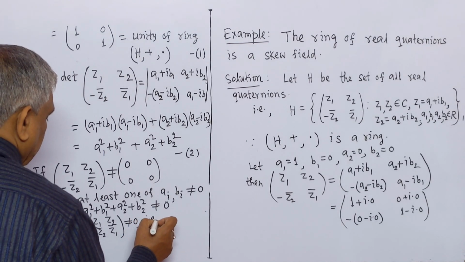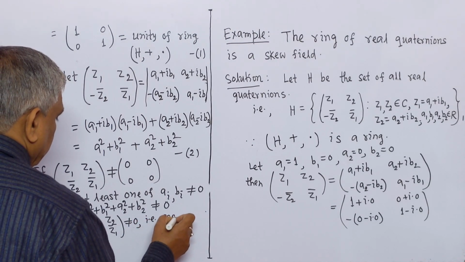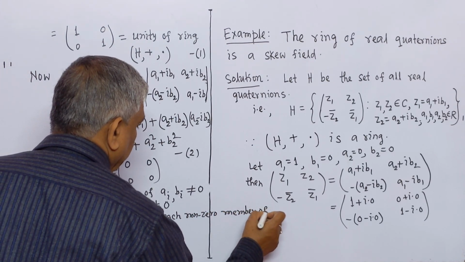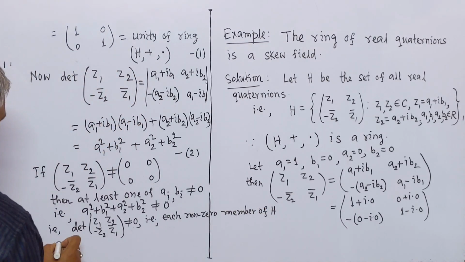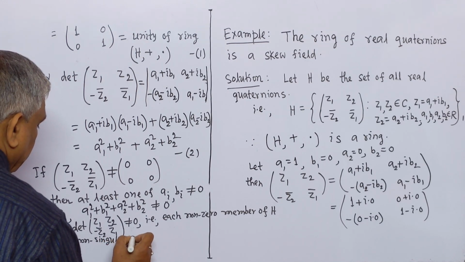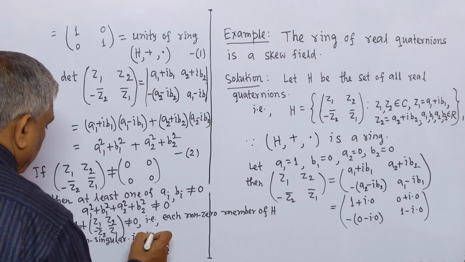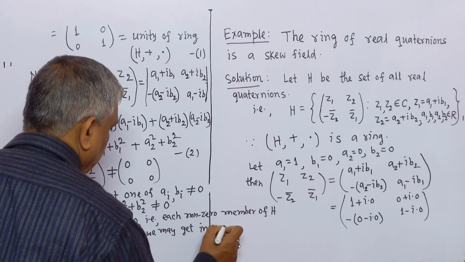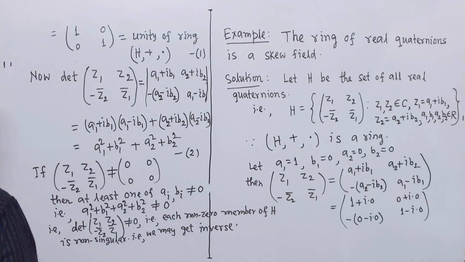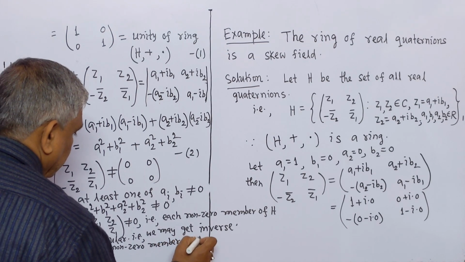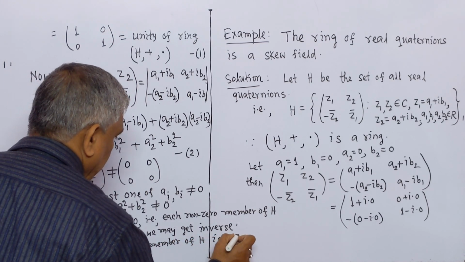That is, each non-zero member of H is non-singular. That is, we may get the inverse. Therefore, each non-zero member of H is a unit.